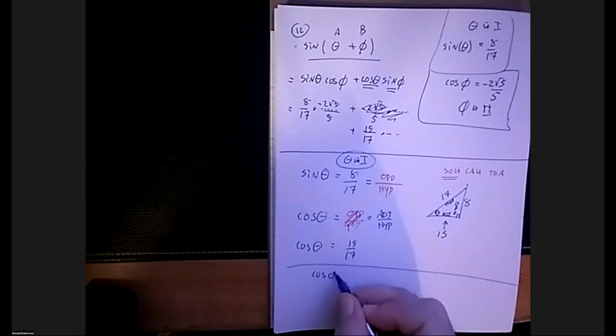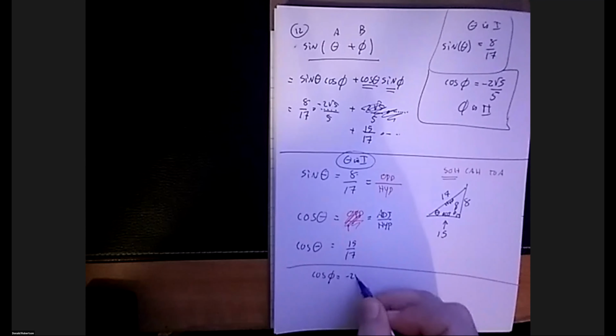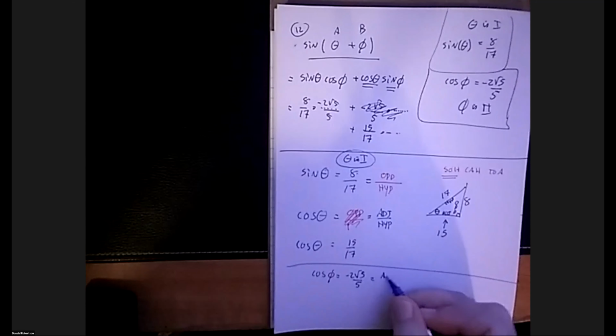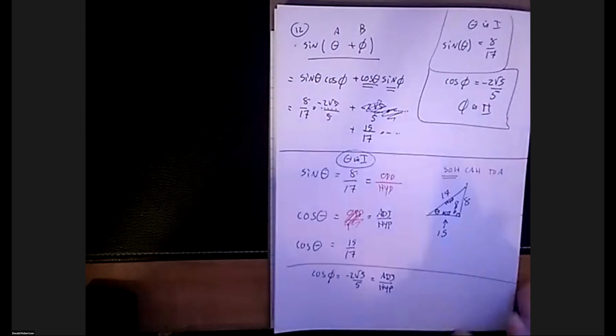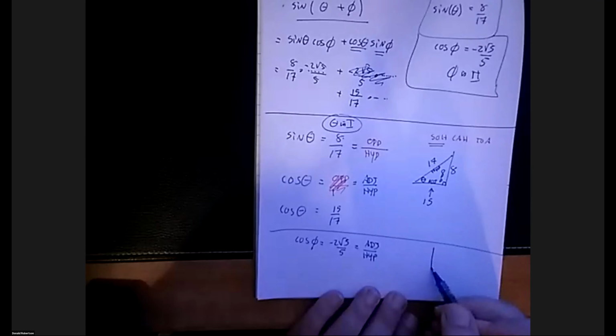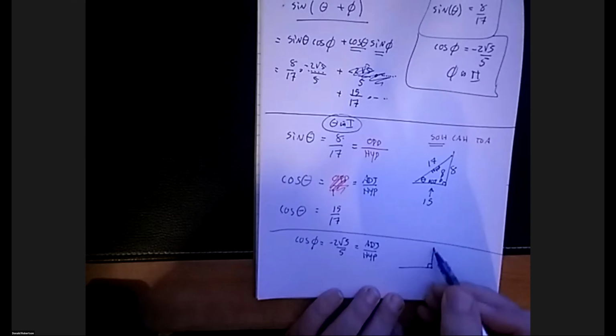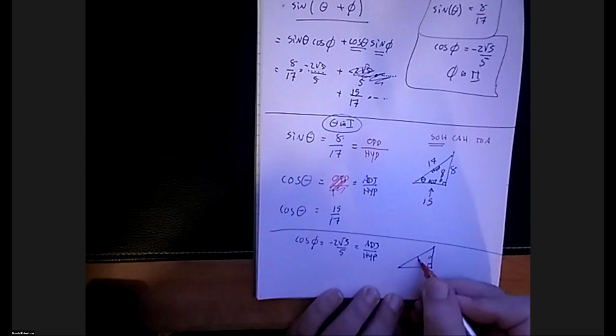I know that the cosine of phi is -2 root 5 over 5. I know that that means the adjacent over the hypotenuse, because that's SOHCAHTOA. I'm going to draw my little right angle triangle. I'm going to have an opposite, a hypotenuse, and an adjacent.